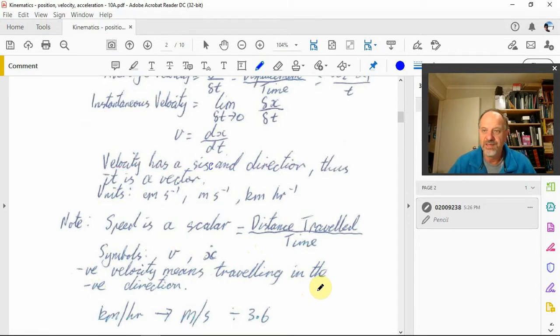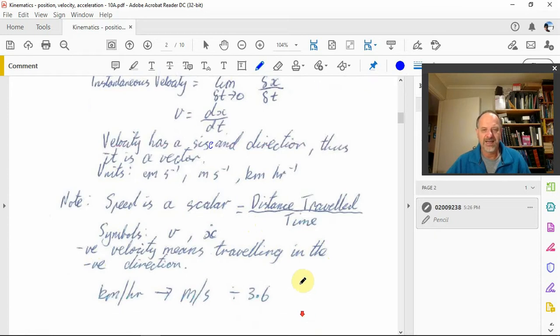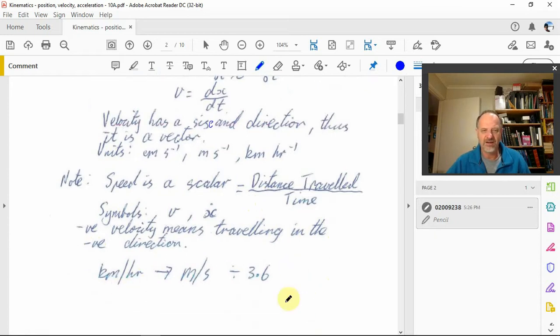Could be up, could be down, whatever it's determined to be. All right, this is handy to have. If you've got something in kilometres per hour and you need to get it into metres per second, you divide by 3.6, and that's quite a handy thing to have. I would be putting that in my bound reference.